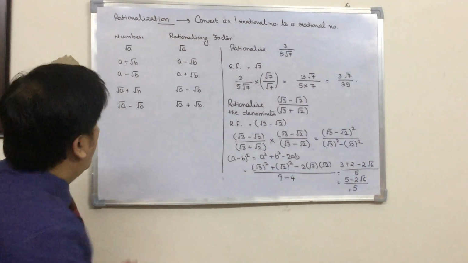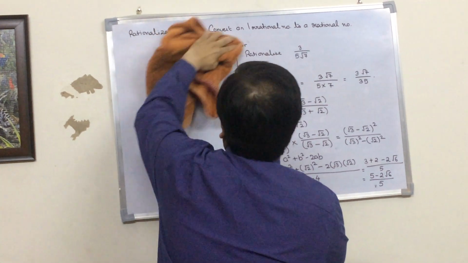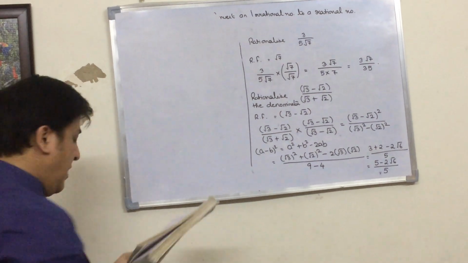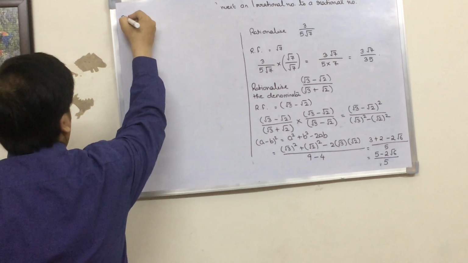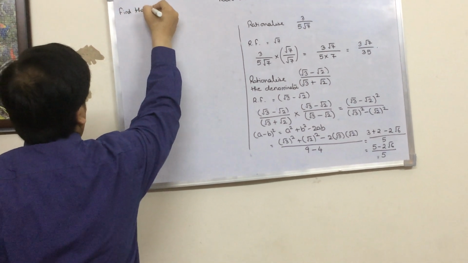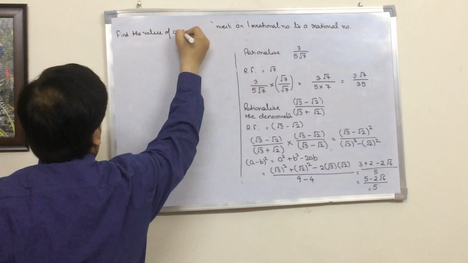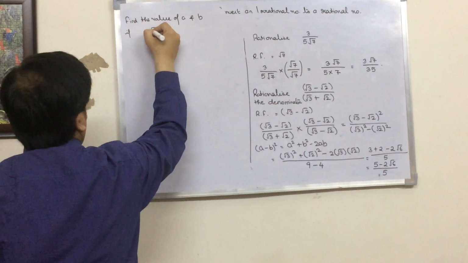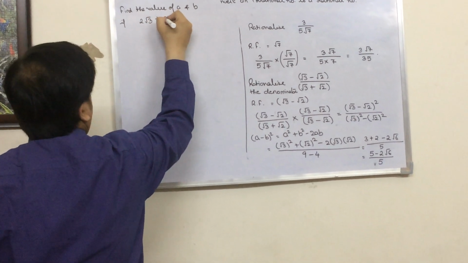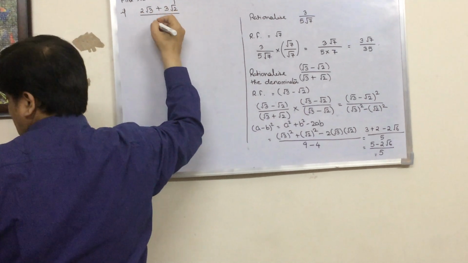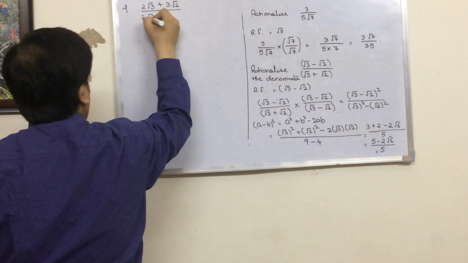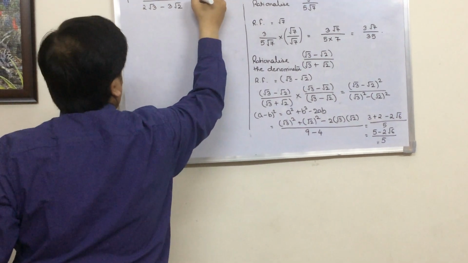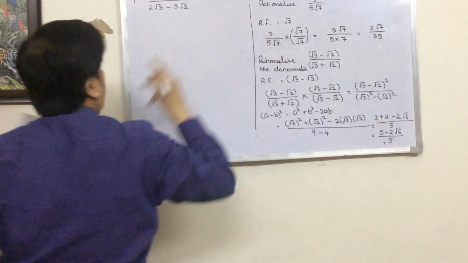We take more examples on this to make things clear for you. Let's take another example. The question says, find the value of A and B if 2 root 3 plus 3 root 2 divided by 2 root 3 minus 3 root 2 is equal to A plus B root 6.